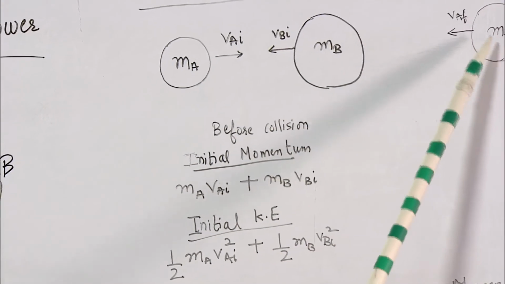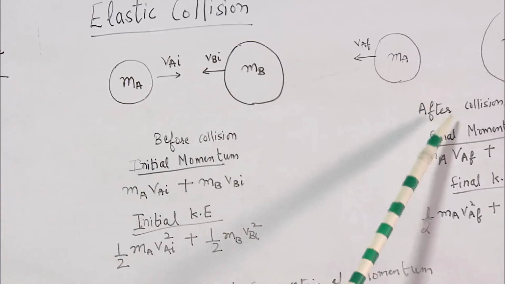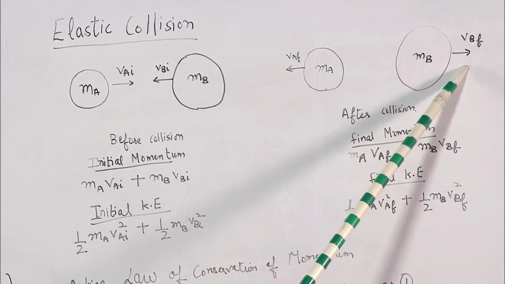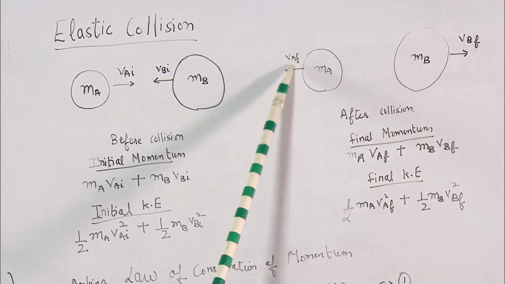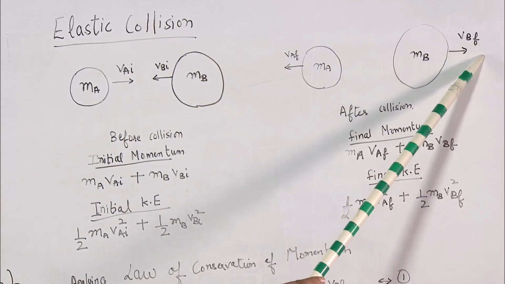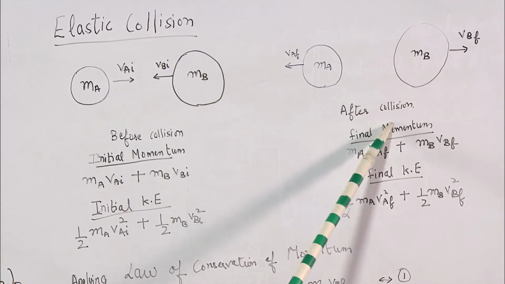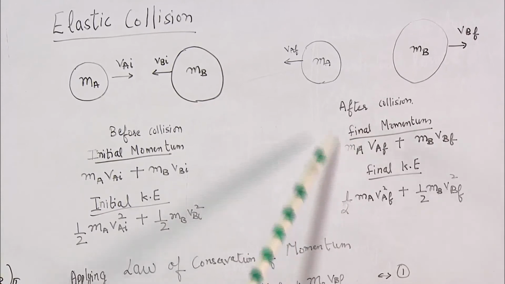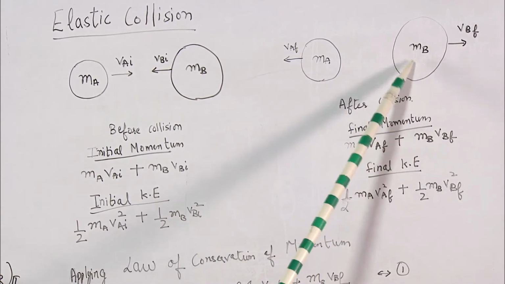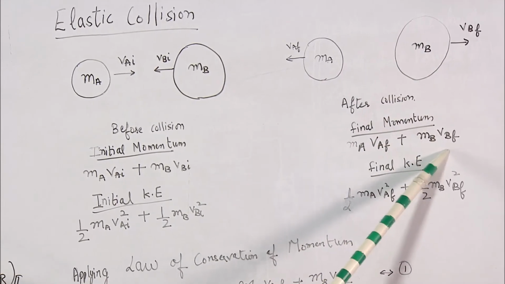After the collision, both masses move in different directions and with different velocities, VAF, the final velocity of A, and VBF, the final velocity of B. So after collision, the final momentum is MAVAF plus MBVBF.